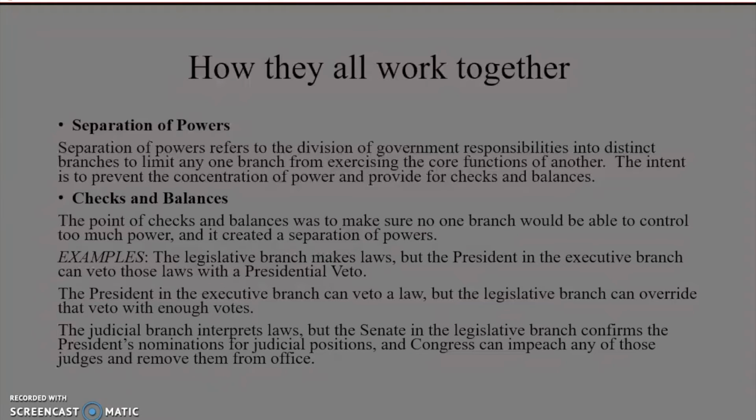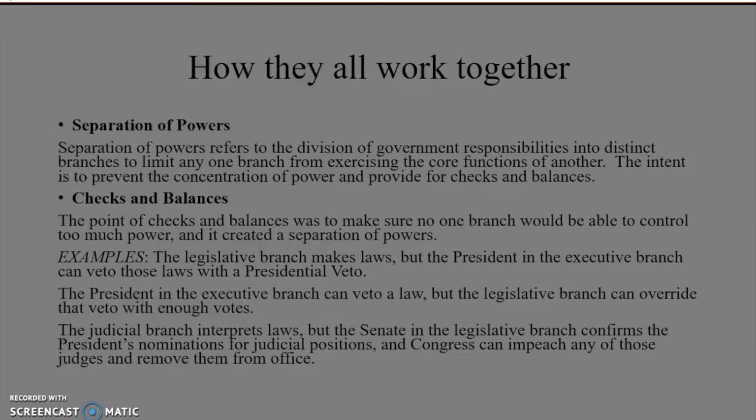Checks and balances. The point of checks and balances was to make sure no one branch would be able to control too much power, and it creates a separation of powers. Examples. The legislative branch makes laws, but the president and the executive branch can veto those laws by the presidential veto.